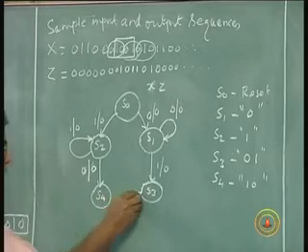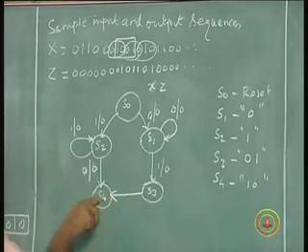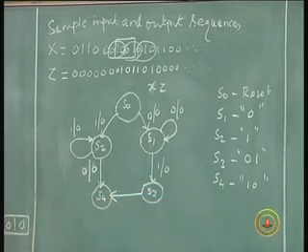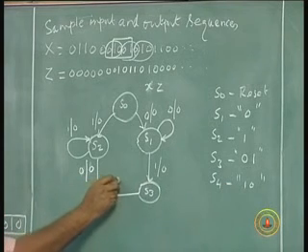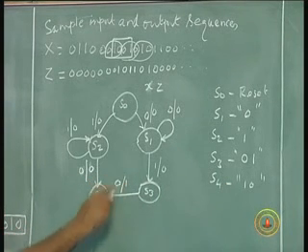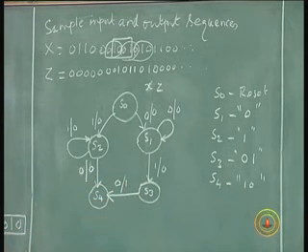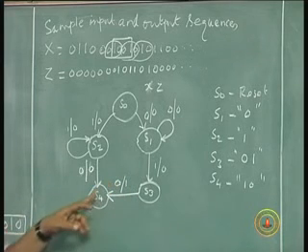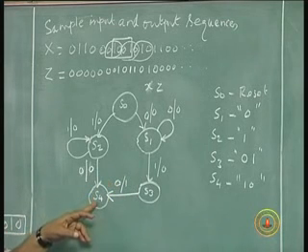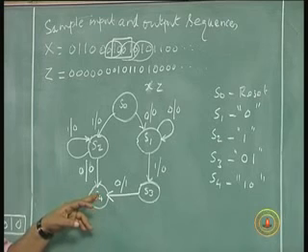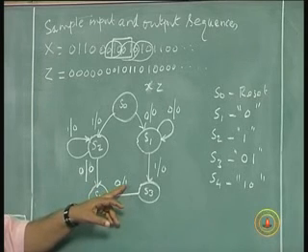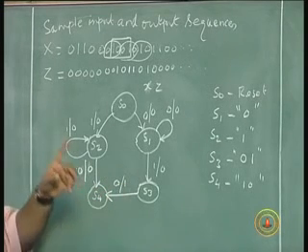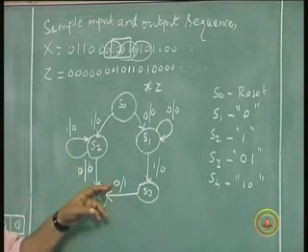So if a 0 occurs here, go to S4, which is 1, 0, but it will produce an output of 1 in this case because we had completed the pattern 0, 1, 0. X is 0, leading to a 1, 0 state, and the 1 is the output because 0, 1, 0 is now completed with this 0.